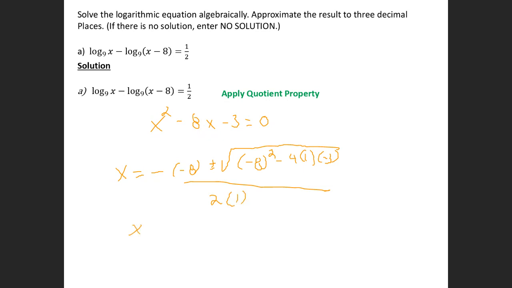So we have x equals, a negative times a negative is a positive, so 8 plus or minus the square root. -8 squared is 64, positive 64.